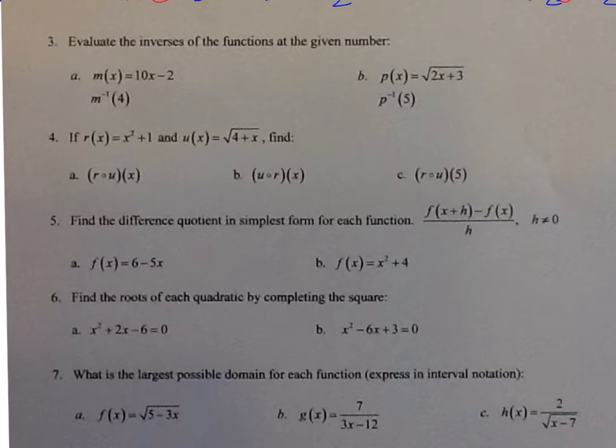Okay, so number 4, we have r of x is x squared plus 1. U of x is the square root of 4 plus x. And then I want to do the compositions one way, the other way, and then do the composition of 5. All right, so let me write them down.